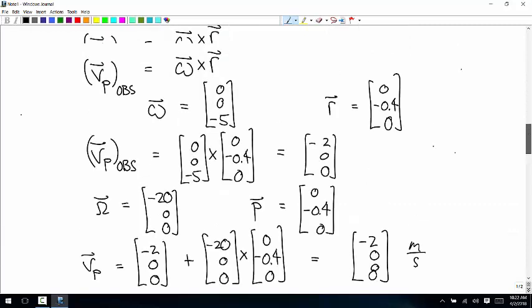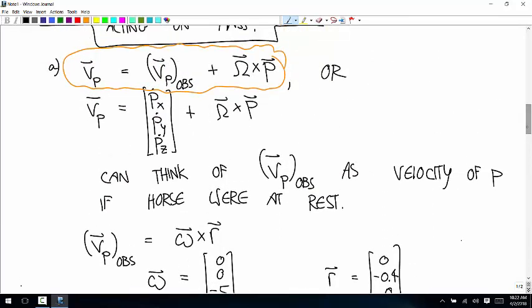Well, I think maybe a better way to think of it is we're calculating what the coordinate system sees, and then we have correction terms that go along with taking the time derivatives in a rotating coordinate system. And then we're adding those two vectors together.